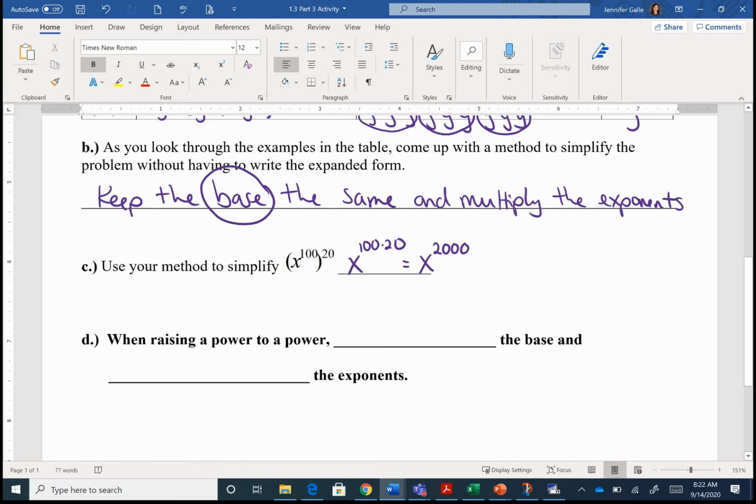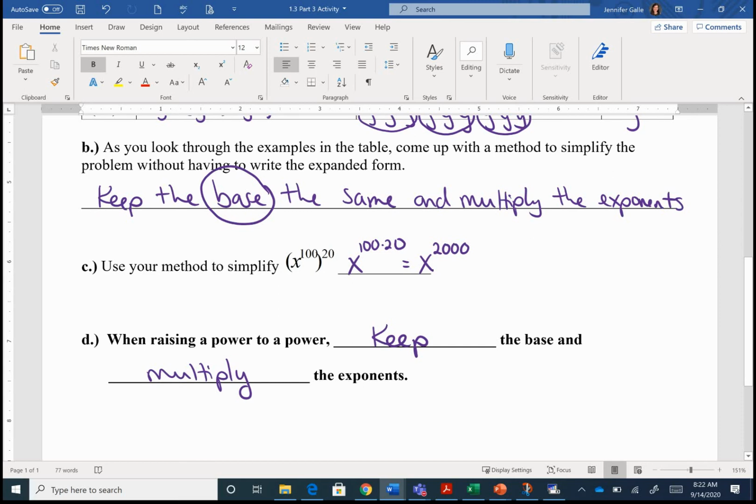So part D, let's sum it up. When raising a power to a power, and remember, by a power we mean the base with the exponent. So x to the 100, this is a power. So by raising a power to another power, Carter told us before we're going to keep the base and multiply, yep, the exponents.